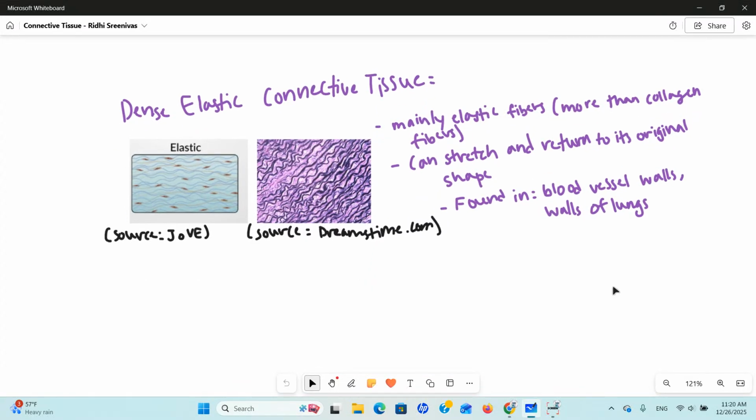With more elastic fibers, the tissue can stretch and return to its original shape, like when you stretch a rubber band and let go. It is found in blood vessel walls to allow them to dilate and contract in response to heat and temperature regulation, as well as in the walls of the lungs to allow them to stretch when you're inhaling.